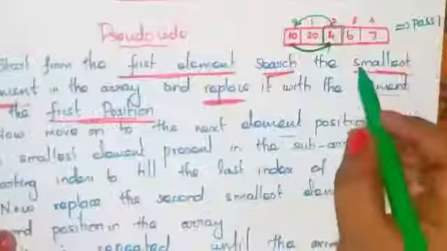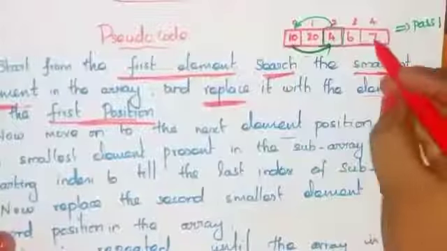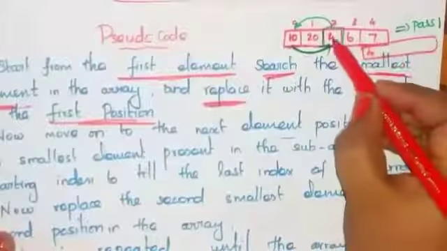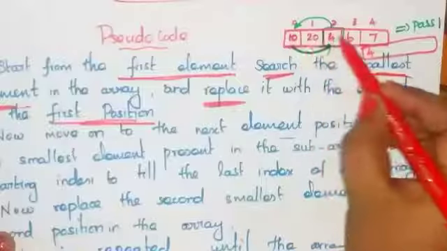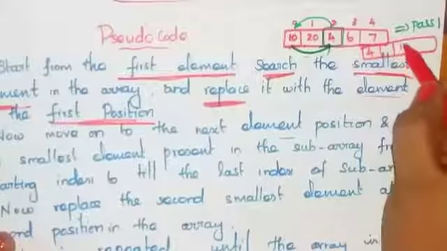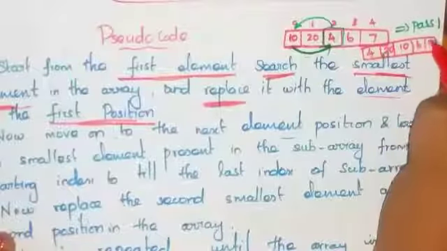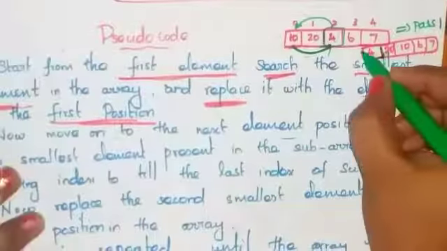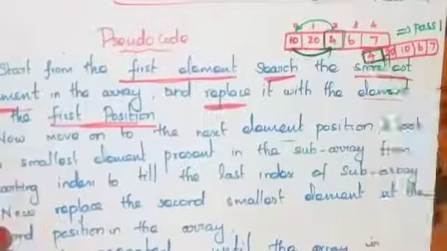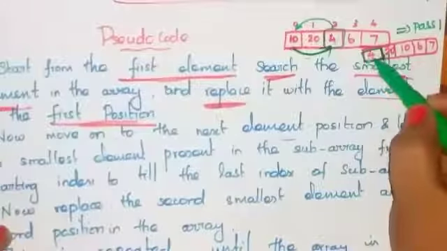Next, write the elements: 4 here, 10 here, 20 here, and 6, 7. Leave the first element because it is present in its right position.